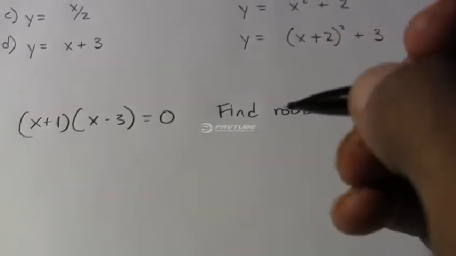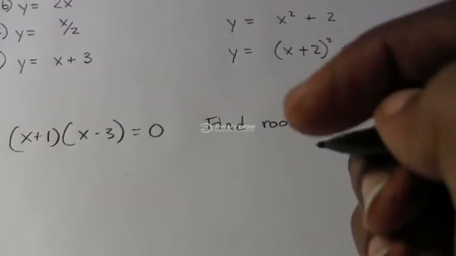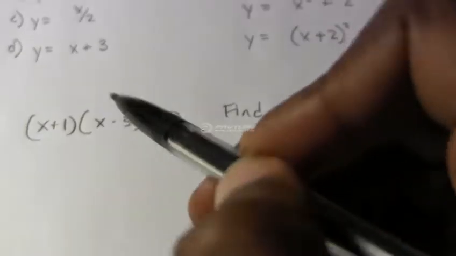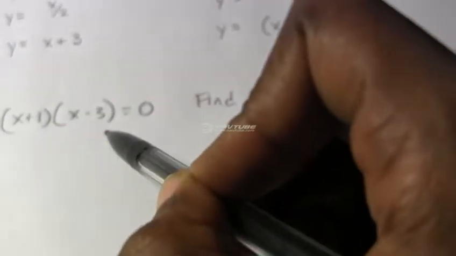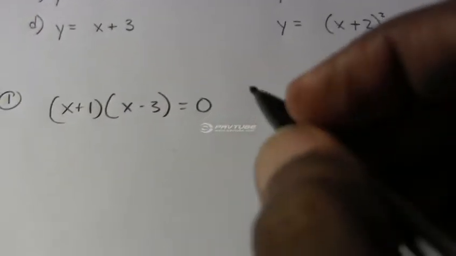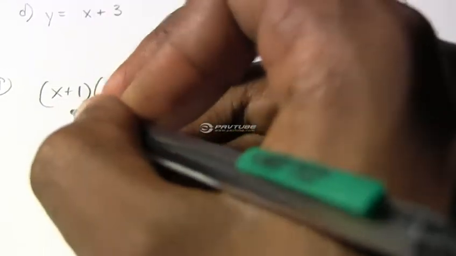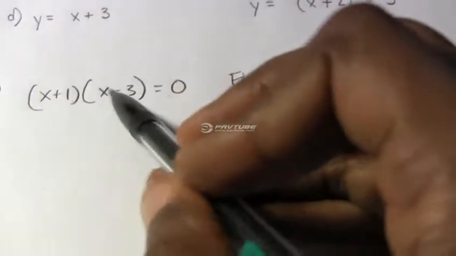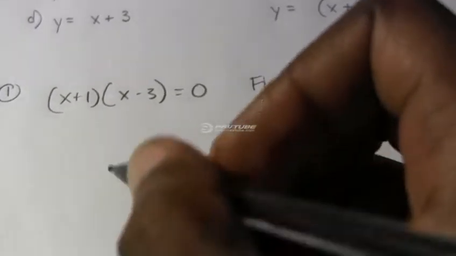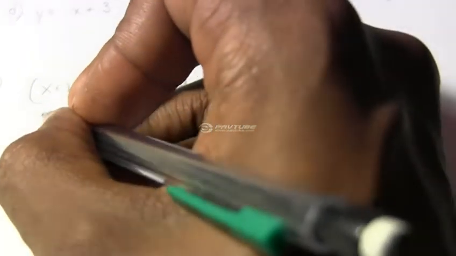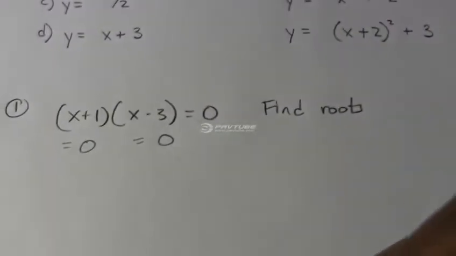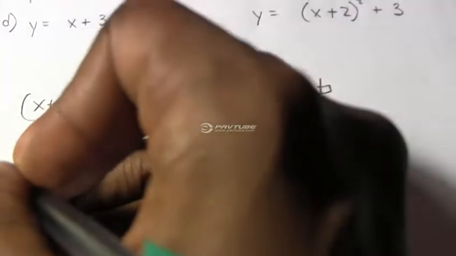So we know the only time you get 0 is if you have 0 times something, or something times 0, or 0 times 0. So when you look at this, for this to equal 0, one of these has to be 0, or both of them are 0. So you can just set each one equal to 0. So you say this one's equal to 0, this one's equal to 0, and then it just becomes very easy.